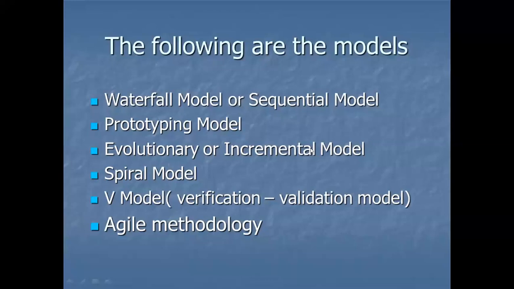Evolutionary is an outdated model. Spiral, some US people are using, but that is also outdated in India. V model is an outdated model. Nowadays people are using agile methodology. It is a very important software development process model.